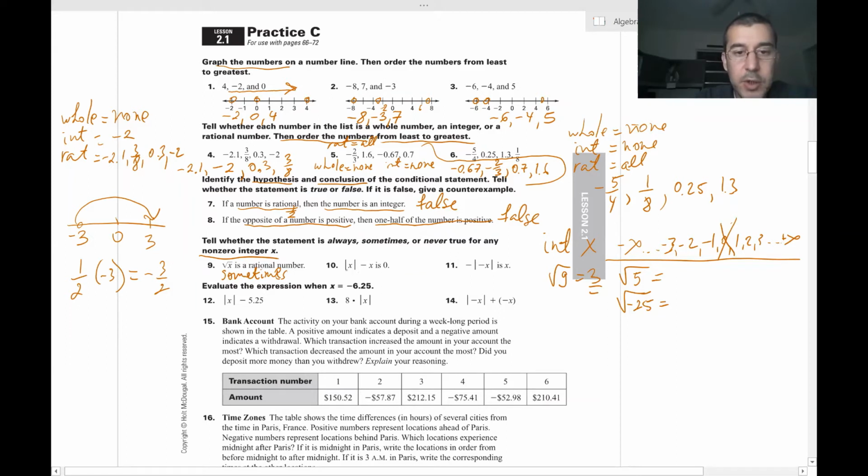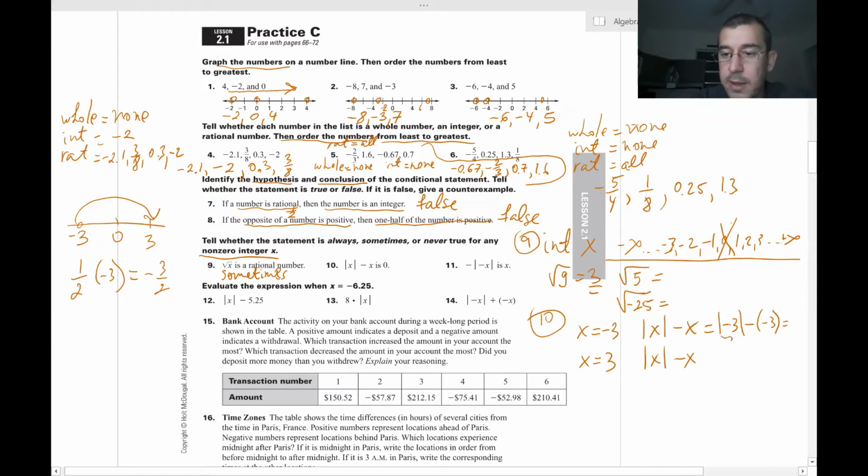Okay, number 10, the absolute value of x minus x is 0. Let's choose two values. Let's choose x as a negative number, and then x as a positive number. So the absolute value of -3, and then minus -3, right?